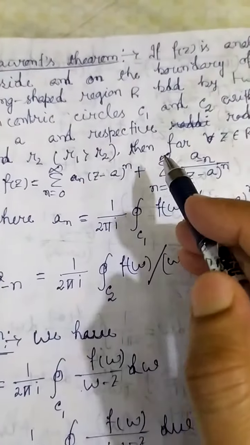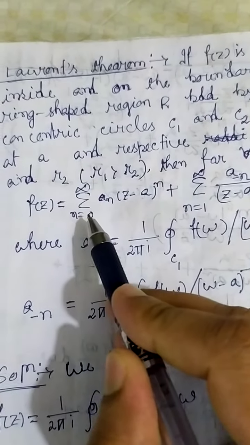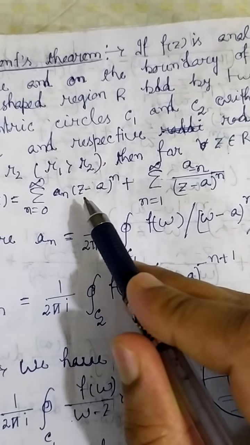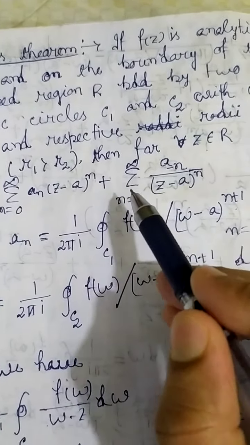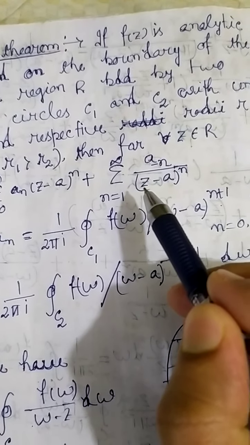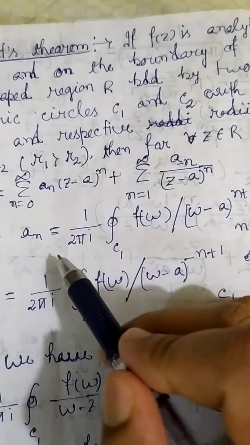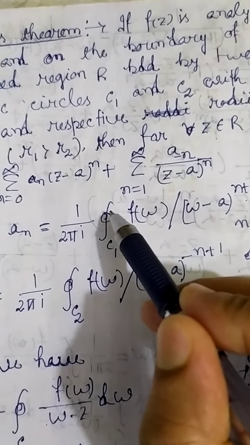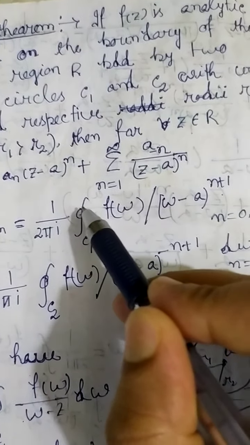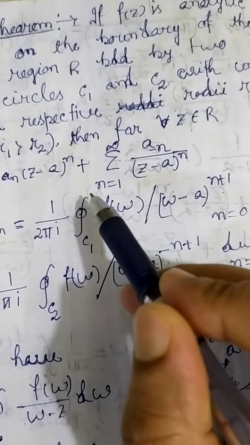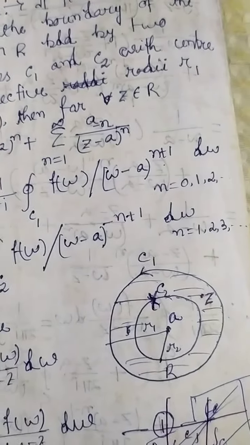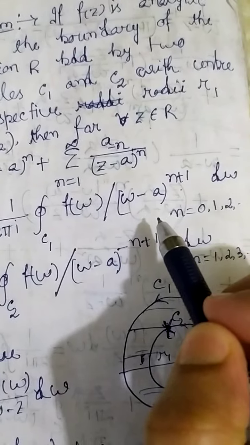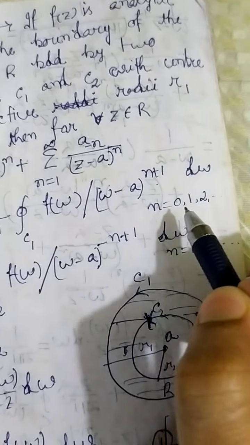So then we have to establish this result. f(z) is equal to the summation n from 0 to infinity of a_n (z minus a) to the power n, plus the summation n from 1 to infinity of a_minus n (z minus a) to the power minus n, where a_n is equal to 1 by 2 pi i times the contour integral along C1 of f(w) divided by (w minus a) to the power n plus 1 dw, n varies from 0, 1, 2, 3.